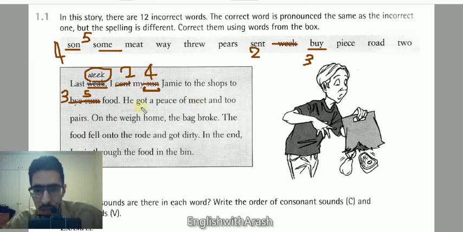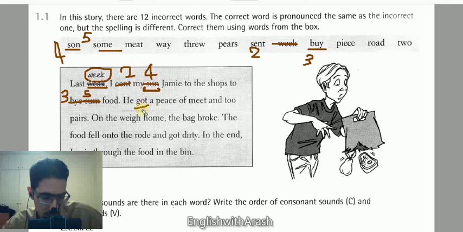Got. Got is G-O-T. It's okay. Yes, good Saman. Hania says got. What is the problem with got? I don't know what you say. G-O-T, G-O-T. What's the problem? I'm going crazy. What are you saying about got?